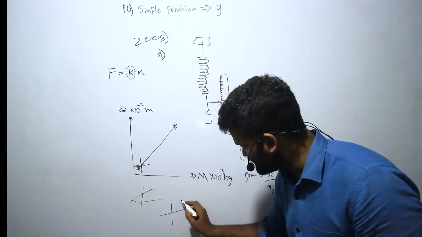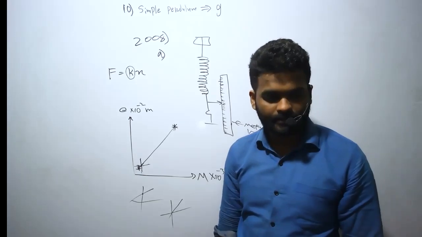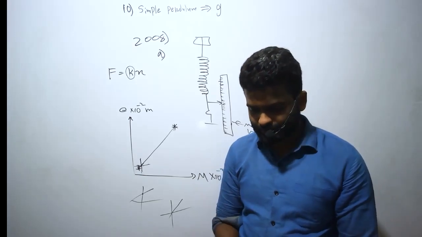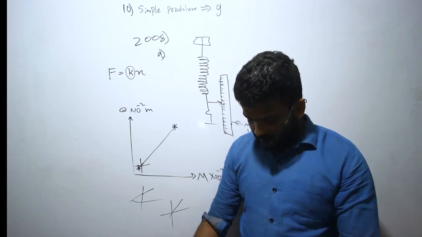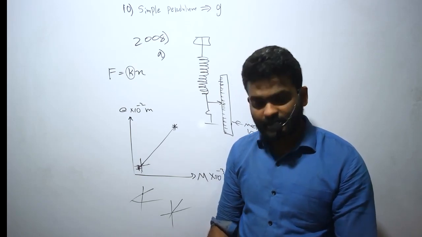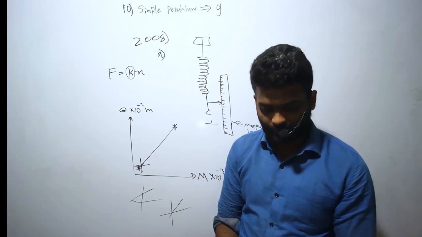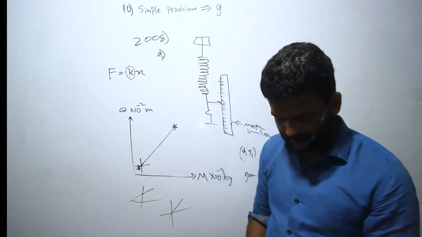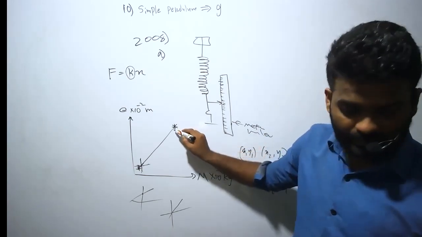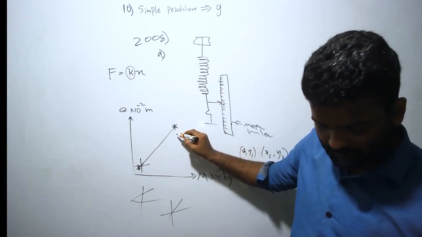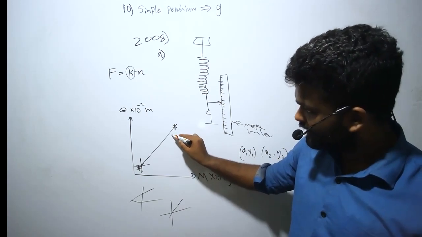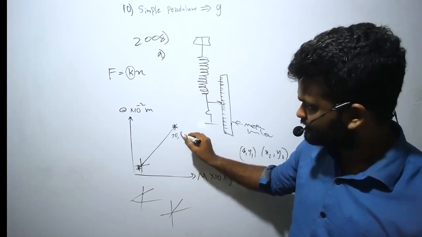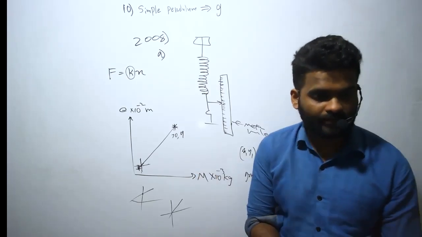The graph should exactly go like this, right? So if you consider all those, you can find the most appropriate 2 points on the graph. So this point, the most appropriate point is x coordinate 70, y coordinate is 9. 70 and 9.